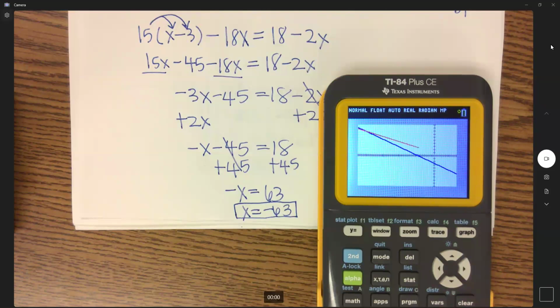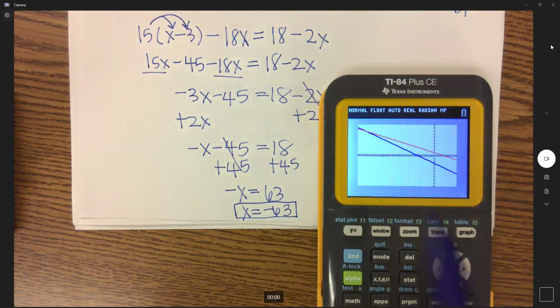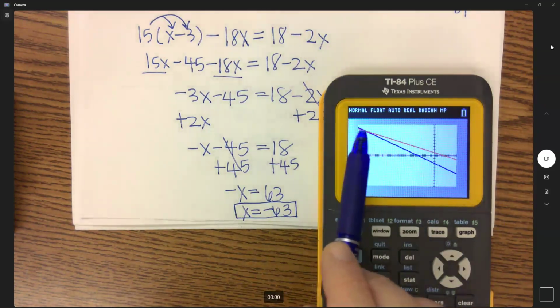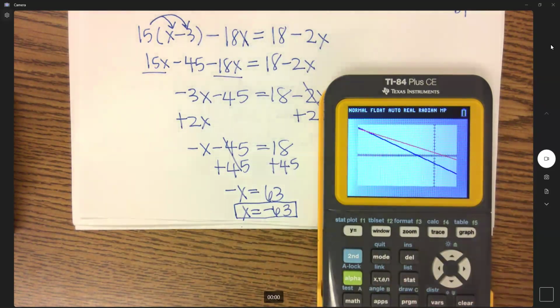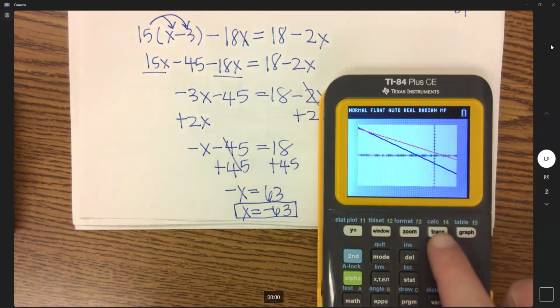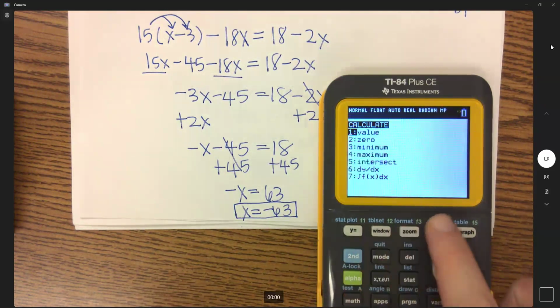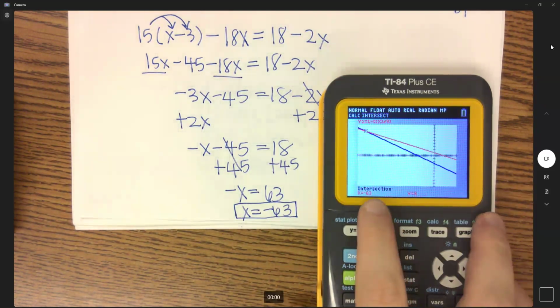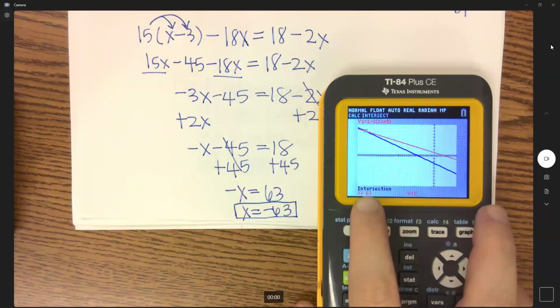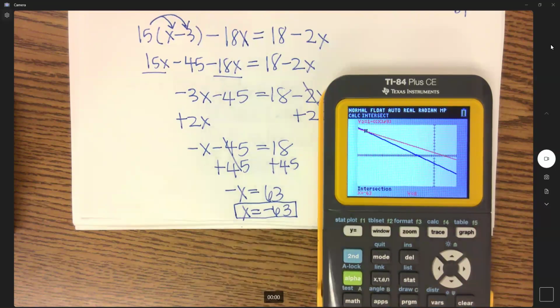Just barely, but we got there. You can tell specifically because my calculator has the different colors, that red is just slightly below and now it's on the top. Okay, so I'm going to go to calc here. So second trace, number 5, enter, enter, enter. And we get that x equals -63 right there, which we got when we did this by hand.